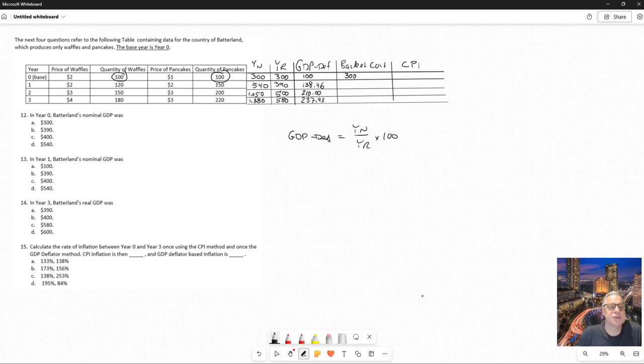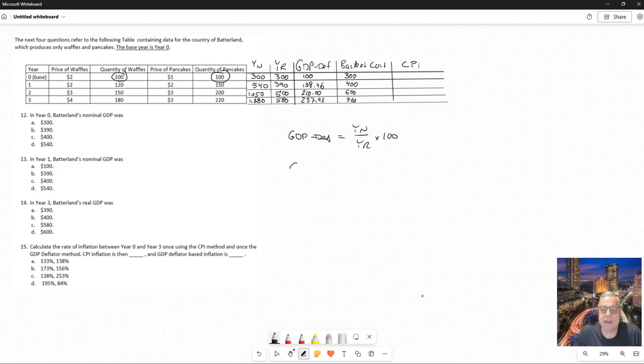But then in the next year it is 200 plus 200, so that is 400. Then in year 2, 100 times 3, 300 plus 300, 600. And in the last year, 400 plus 300, 700.